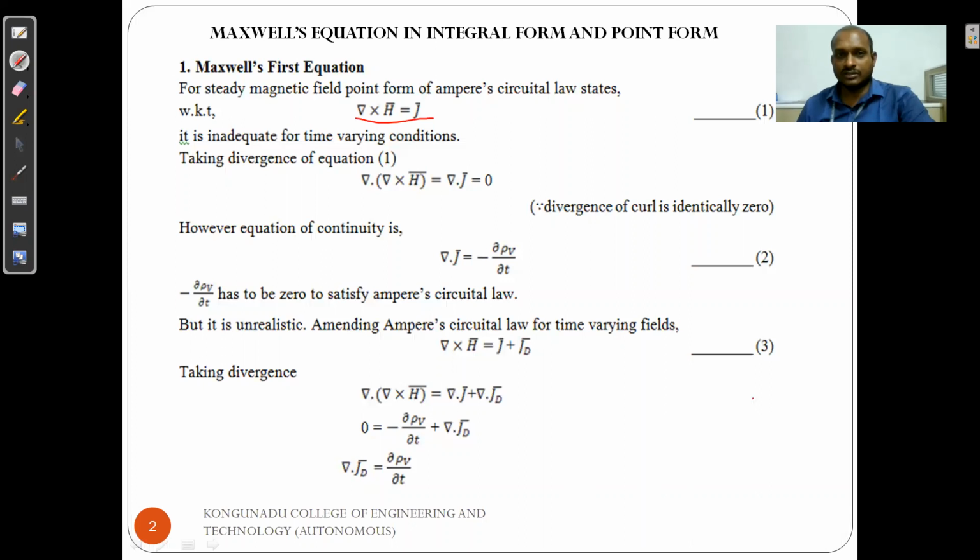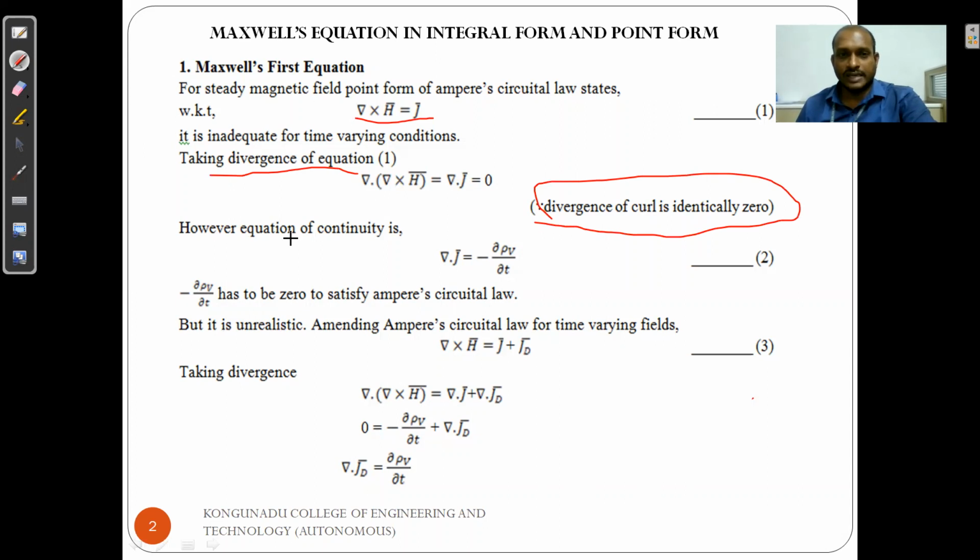So taking the divergence of the equation, we take the divergence on both sides. Del dot (del cross H) is equal to del dot J is equal to 0, because the divergence of curl is identically 0.